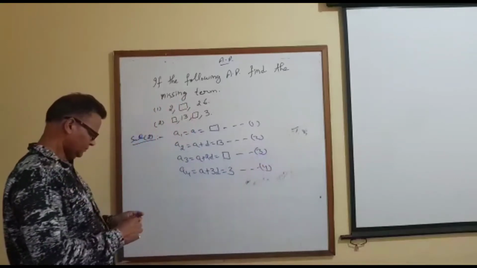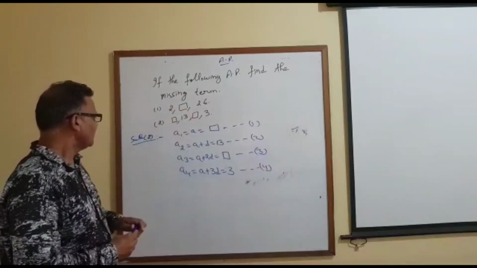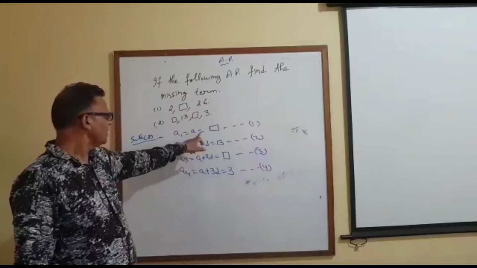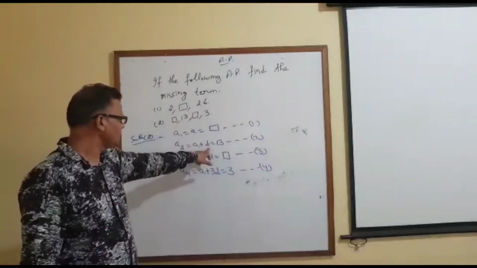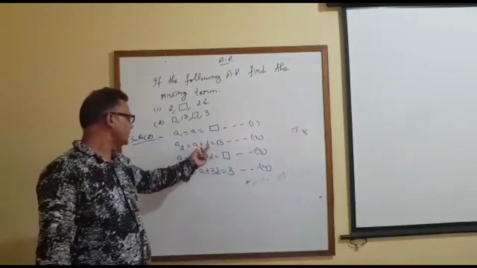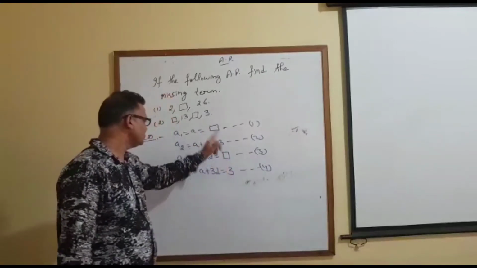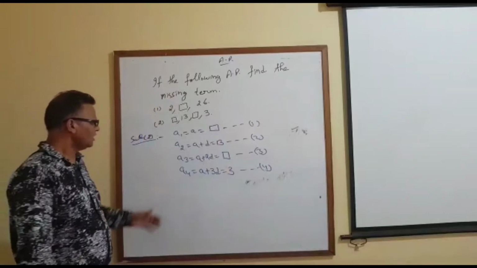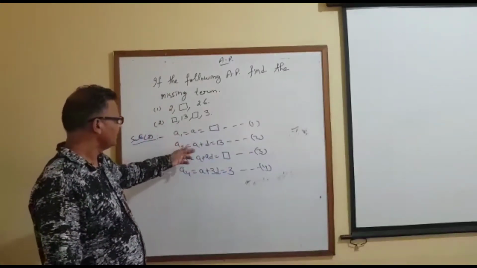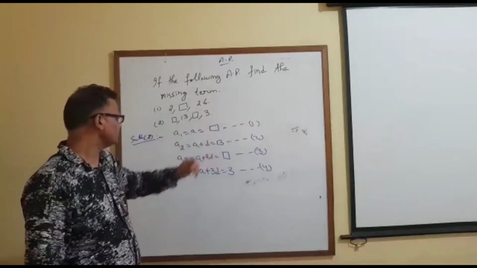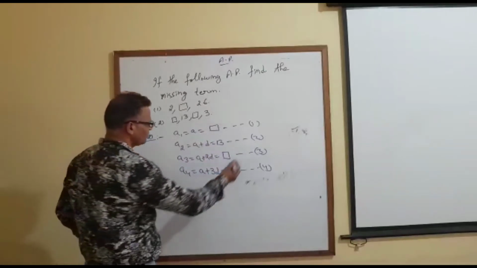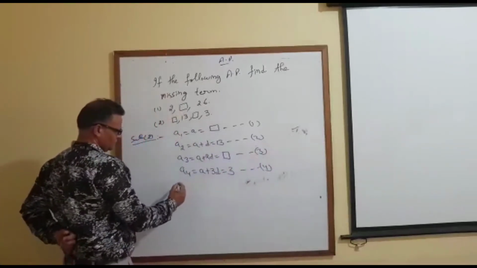So now we see, we do not know the value of A and we do not know the value of D. So we have to find A and D, then only we can find the missing term. So see how we can find this A and D from the given equations. So take equation number 2 and 4.